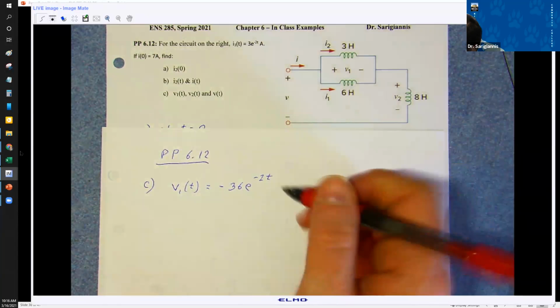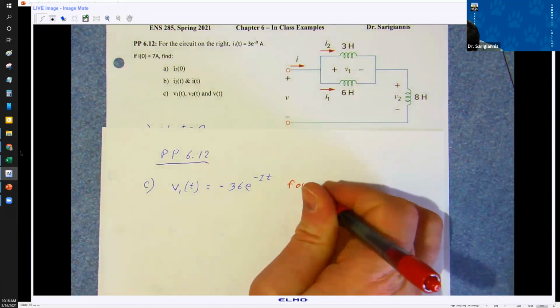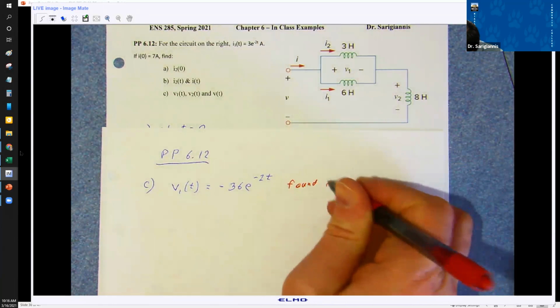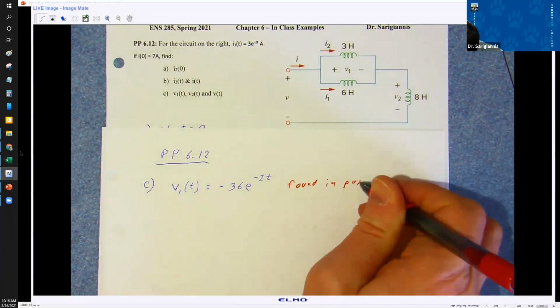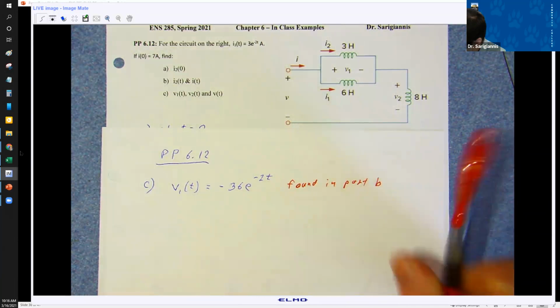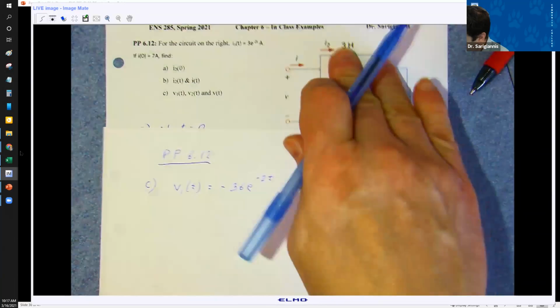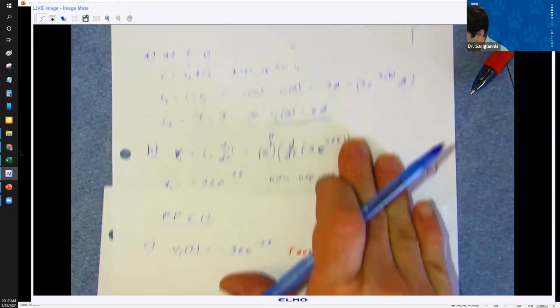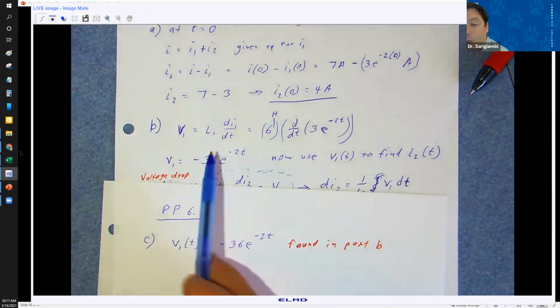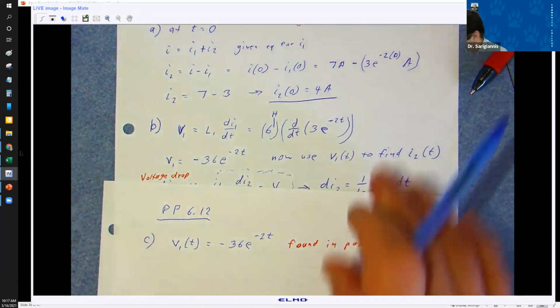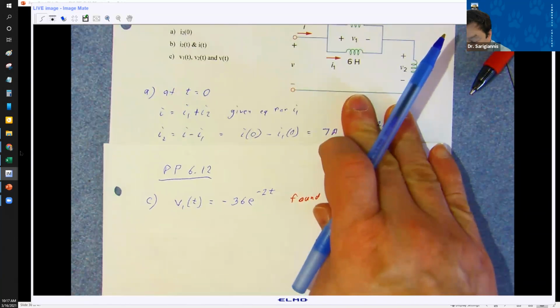This we found in part B. Remember in part B where we did the analysis to figure out what V1 was? We found V1 as a function of time, so we found that one.